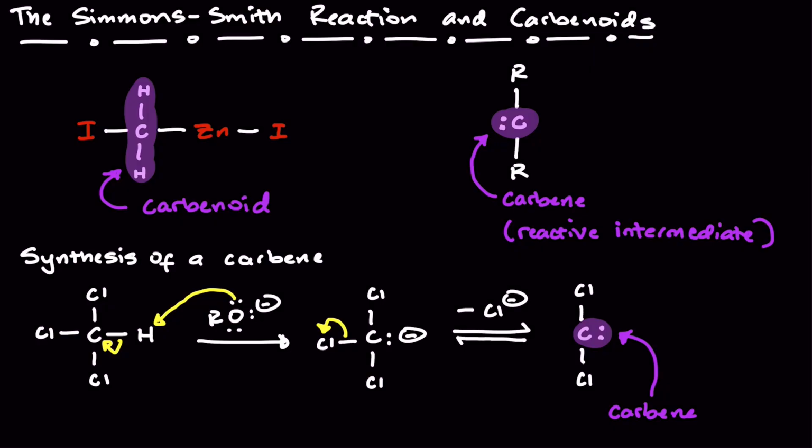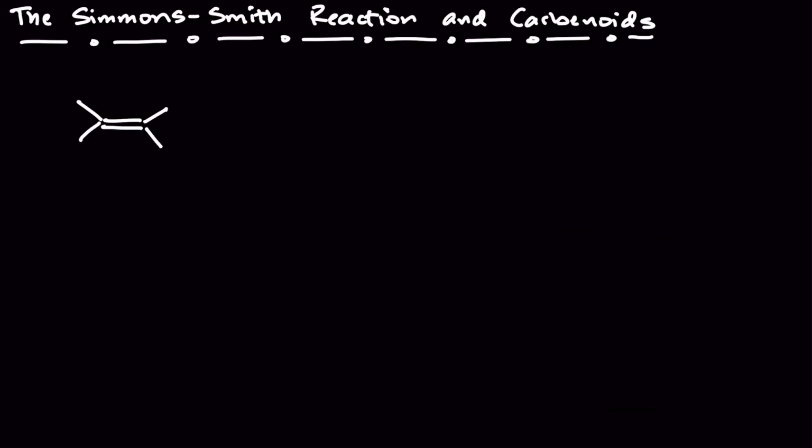We can actually use, for example, this dichlorocarbene in a similar reaction as we just did for the Simmons-Smith reaction with our carbenoid, iodomethyl zinc iodide. We can take our dichlorocarbene and insert it into a pi bond, like an alkene. So let's look at this reaction as well. Once again, here is our alkene.